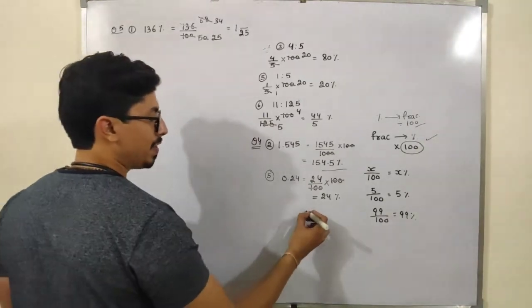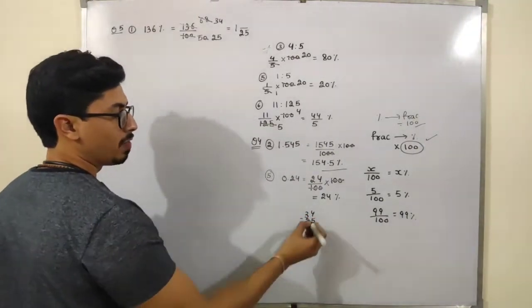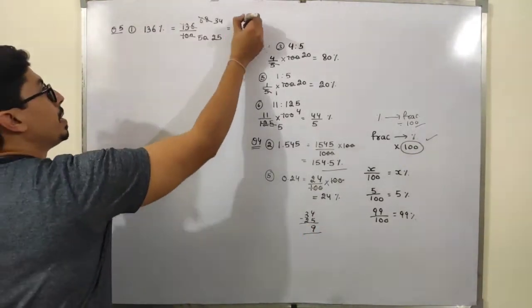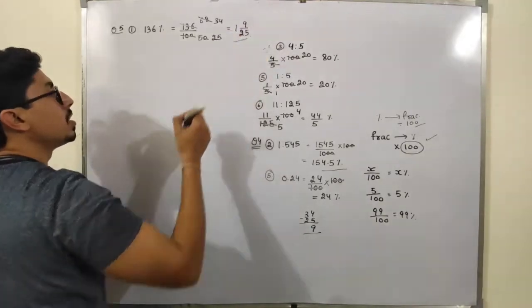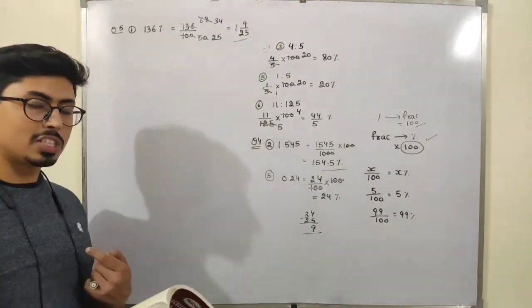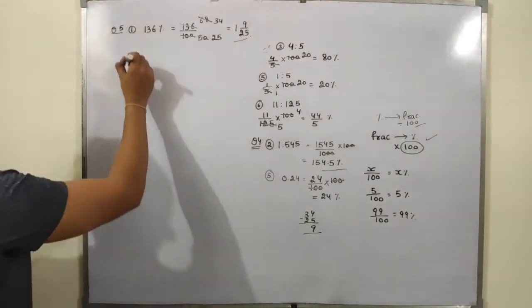If I subtract 25 from 34, what will be my remainder? It will be 9. So the remainder is this, and this is my required answer: 1 and 9 by 25. Similarly students, you can take the third part. The third part is 300%.